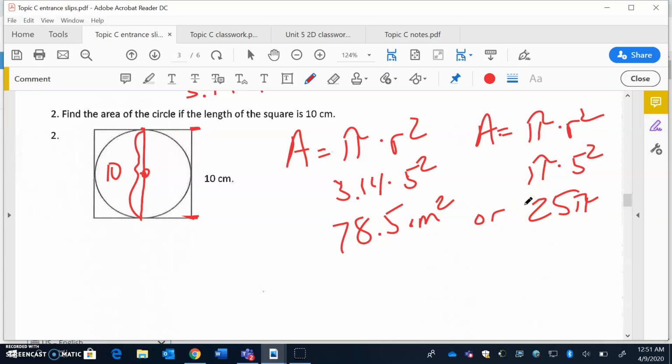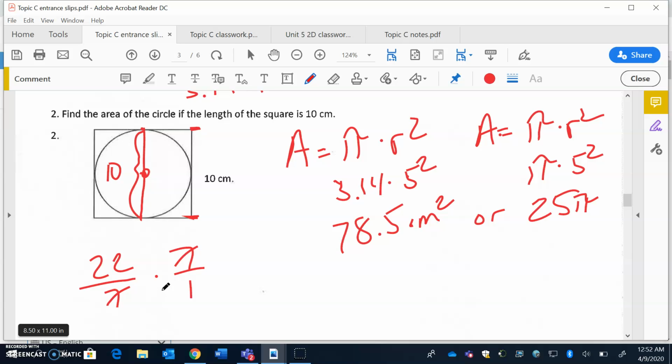I wouldn't go after the fraction use of 22/7 just because it's not going to be clean. Typically, the only time we use 22/7 is if our radius squared ends up becoming a multiple of 7. The reason why we say multiple of 7 is because that means we're going to have cross division. So if they gave me a 7 here, I can do cross division.